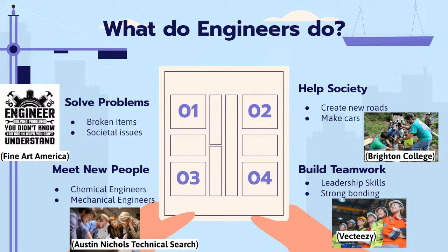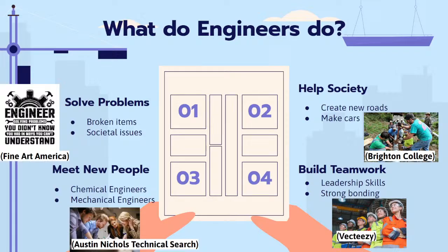So engineers help in very small problems, like something as simple as your block building or whatever you built is broken, all the way to big water dam and irrigation problems. So they do so many different things.